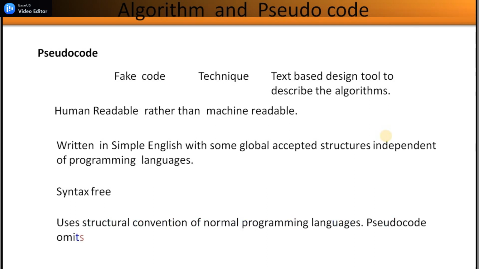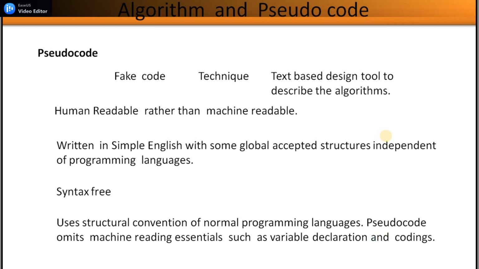It uses structural conventions of normal programming languages and omits machine reading essentials such as variable declarations and coding. In pseudocode, there is no variable declaration section and no programming-dependent keywords.